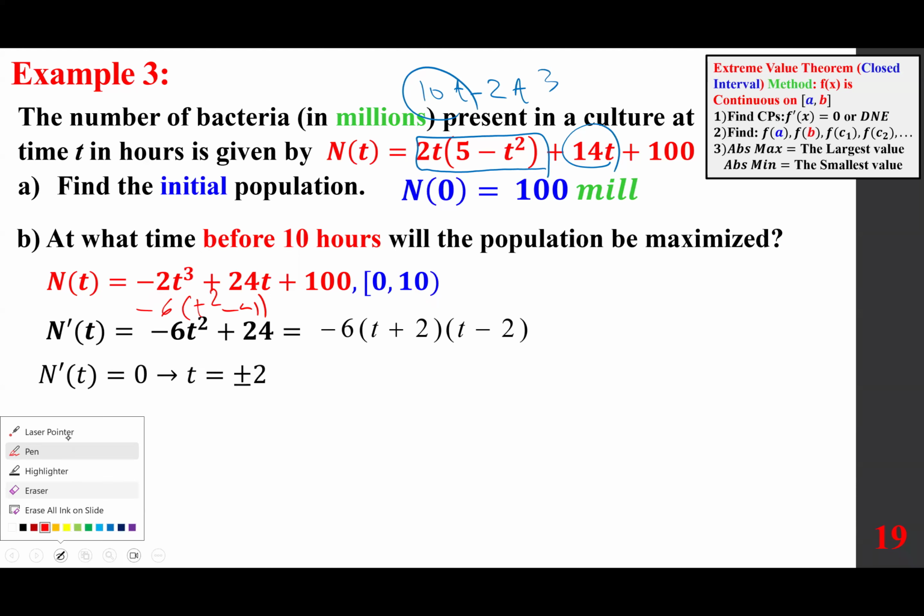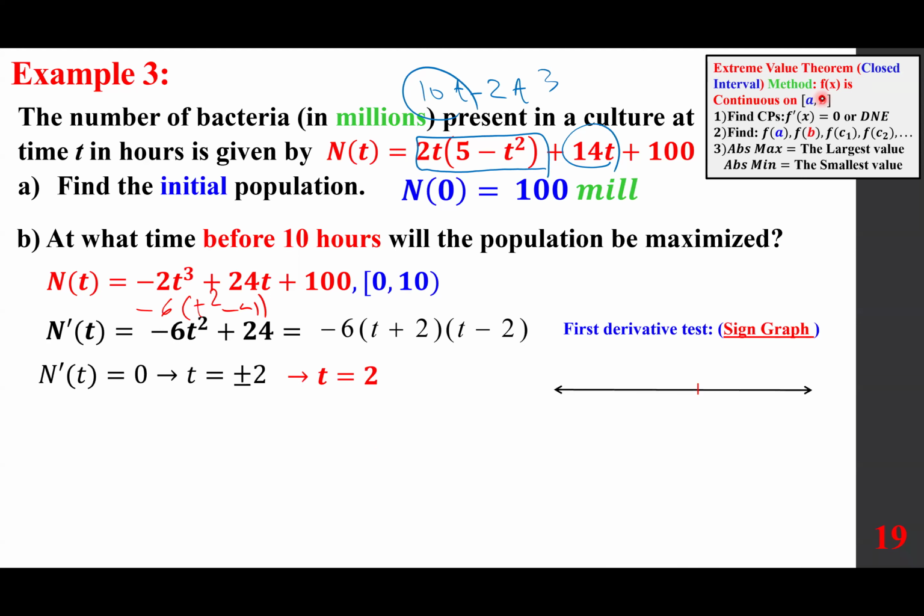Now you check. Positive 2 is in between? Yes. What about negative 2? No. You have one critical point. So if you want to go with that, you just basically evaluate at the endpoint and this one and you're done. But I want to show you how the first and second derivatives work. If it's a closed interval, you don't use that, okay? Because it's half open, I want to use that.